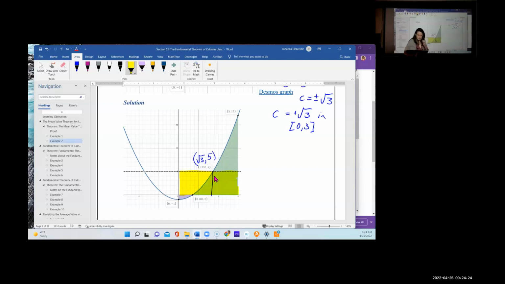So there's additional area here compensating for this area here, but remember this purple is also subtracting from this green. So there's the same amount of area in the yellow shaded region as the net area between the green and the purple.